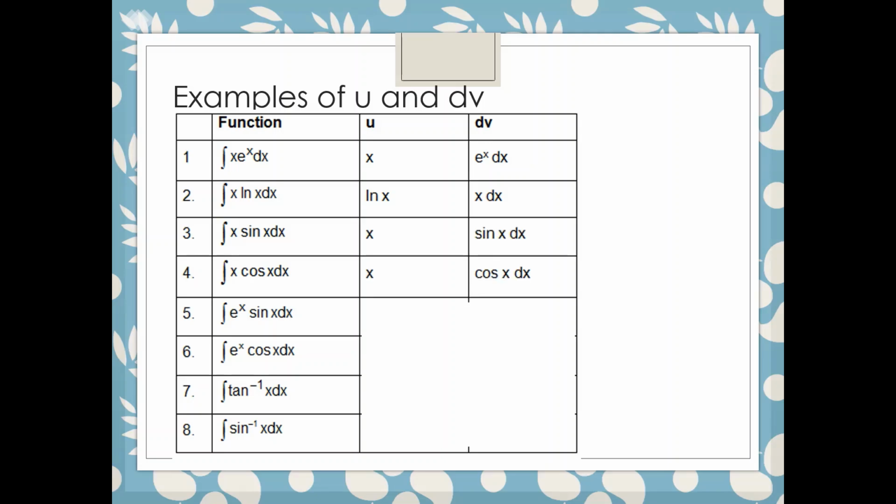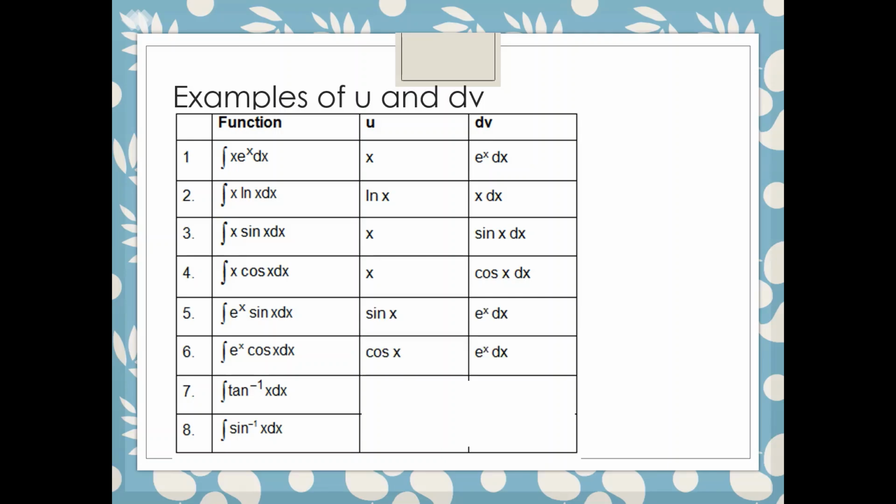The third and the fourth integrals consist of A and T. From LIATE, A comes first. Therefore, u is equal to x for both integrals, and dv is equal to sin x dx for the third integral, and dv equal to cos x dx for the fourth integral.